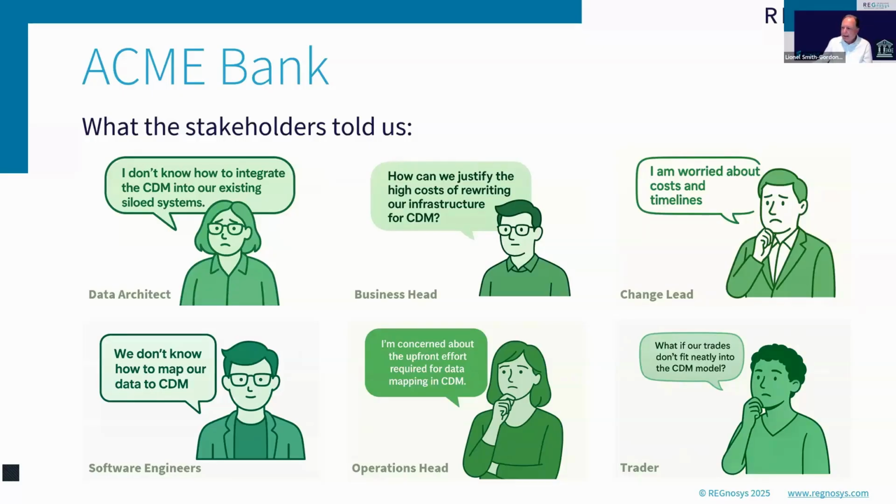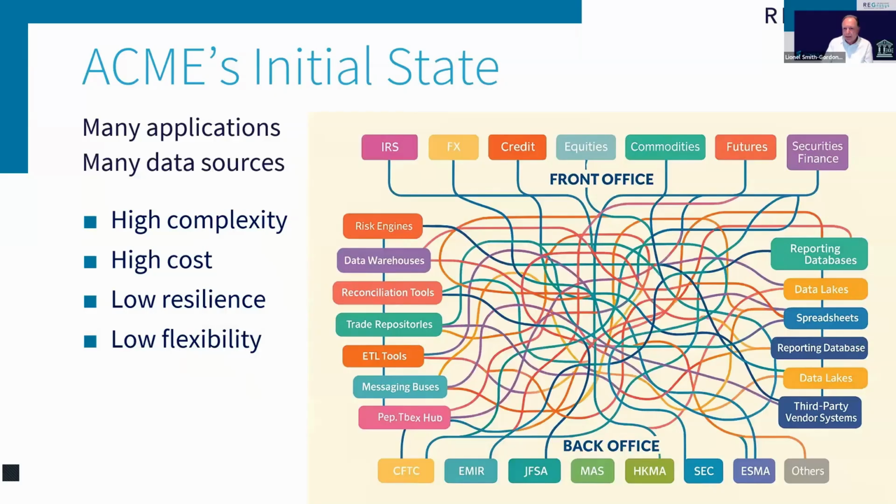Now, Acme Bank is a large and complex institution. And when we look inside Acme Bank, we find they have many, many applications or many different front office product areas. And of course, like you all, they have the requirement to produce regulatory reports for many, many jurisdictions. And they have many, many different tools and data repositories throughout the organization as well.